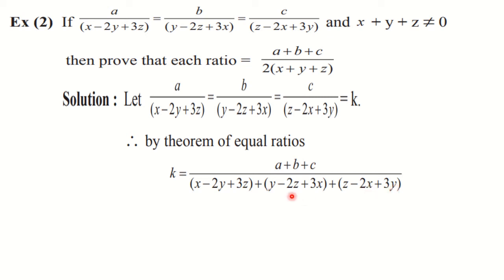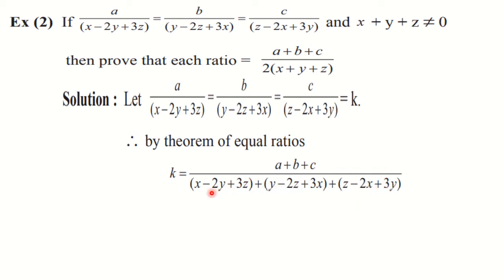Okay, so here you will observe that in the denominator we have some like terms. See, this is x plus x and this is 3x. So 1 plus 3, 4, and 4 minus 2, 2x. Similarly, you will find for y also. See, this plus y and this plus 3y.